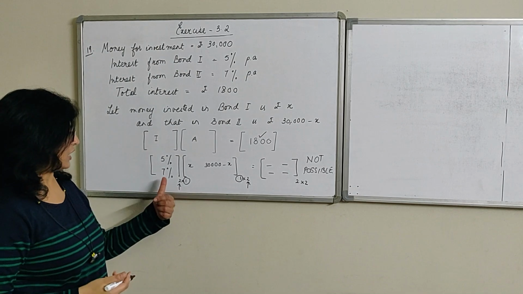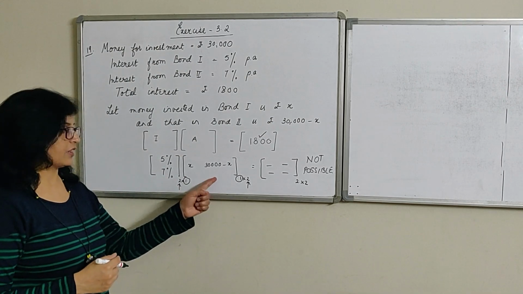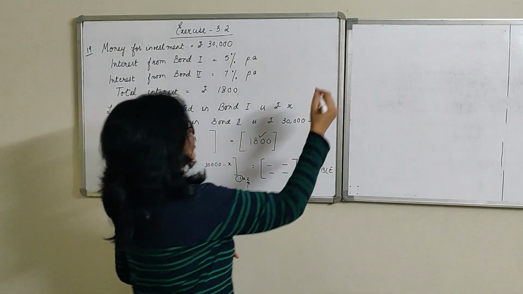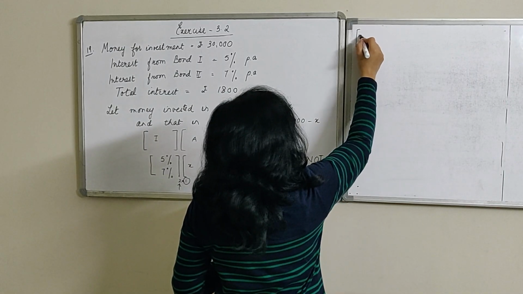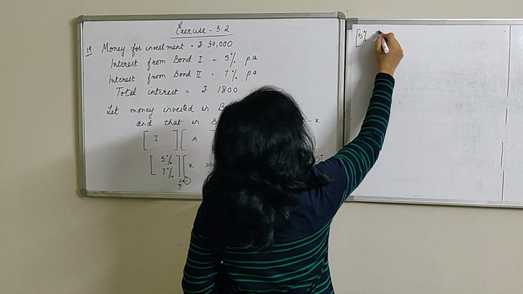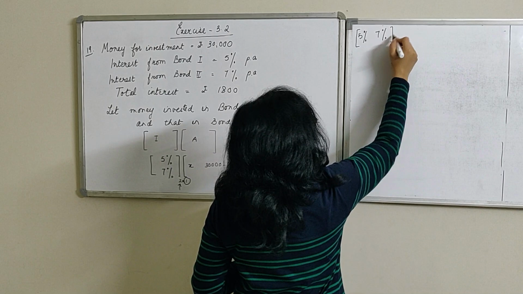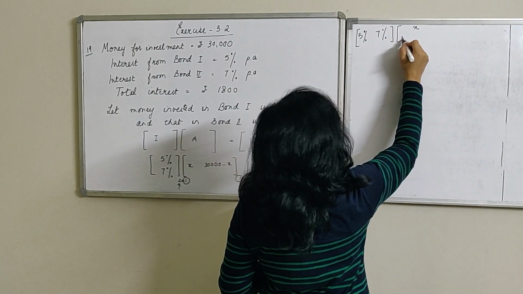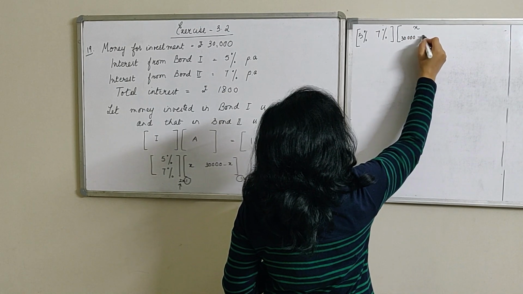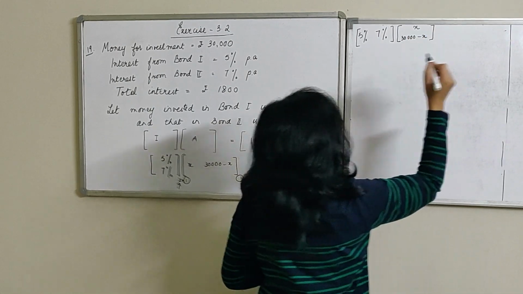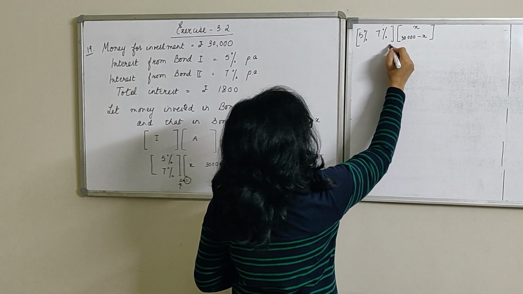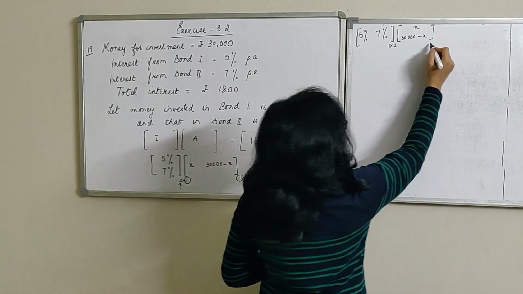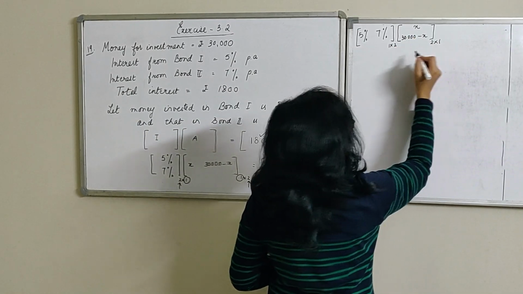So what is the other possibility? Let us interchange. Let us make the first a row matrix and the second a column matrix. Let's once again check. This is a matrix of order 1 by 2. This is a matrix of order 2 by 1.